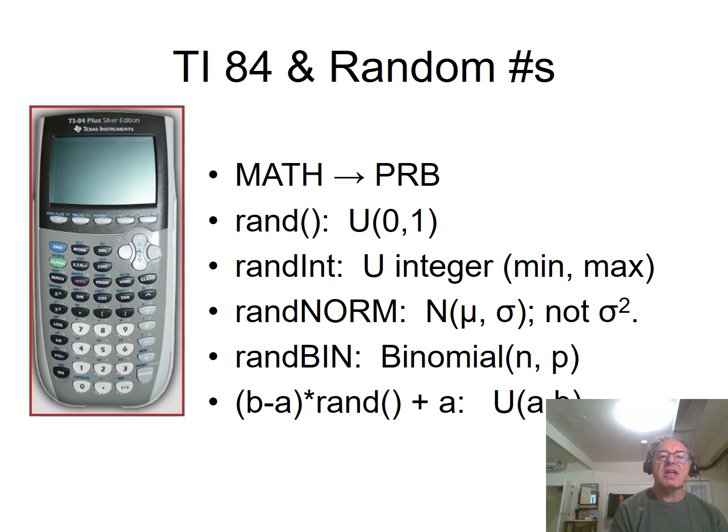Actually, the TI-84 gives you a few random functions: rand(), randInt, which gives you an integer, randNorm, which gives you a normally distributed random number, and randBin, which gives you a binomial distribution random number. So this is actually a little more powerful than Excel. But unless you're only generating a few random numbers, I'm not sure why you'd want to use a calculator rather than Excel.